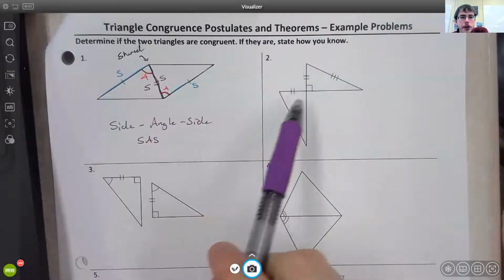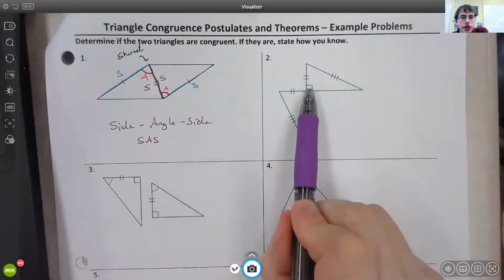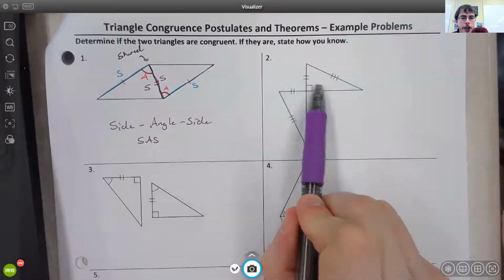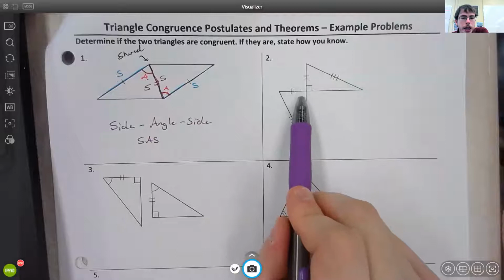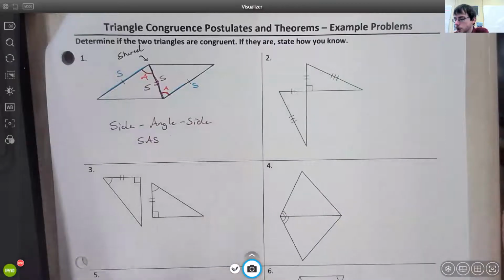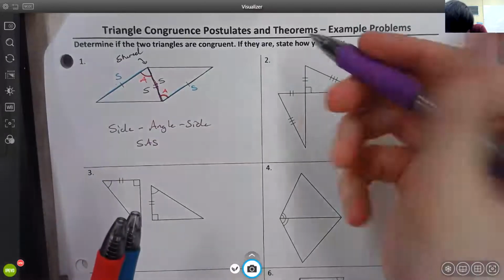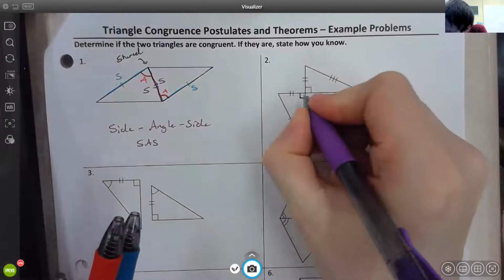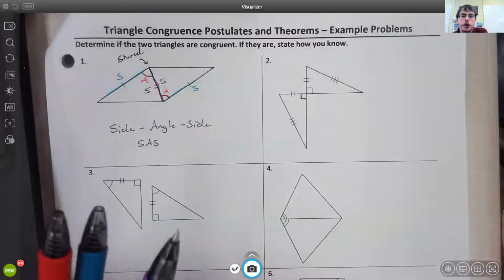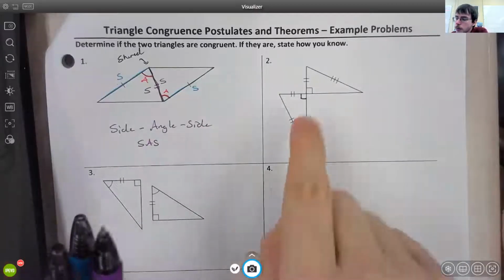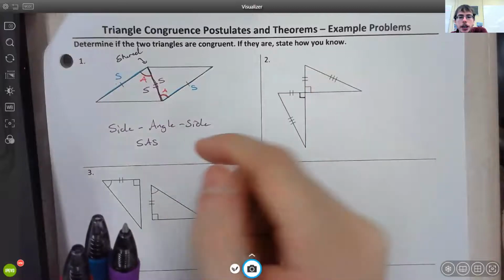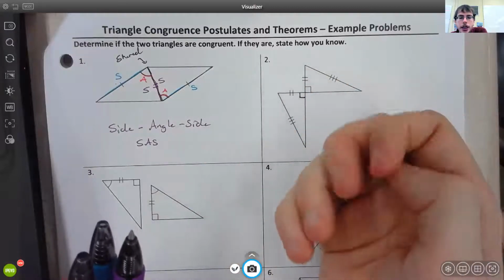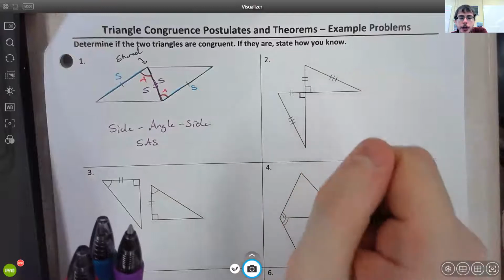All right, let's look at number 2. The first thing that's going to pop out to us is that we have this right angle here. So we're dealing with a right triangle. And we know this has to be a right angle as well because these 2 angles are vertical. I'm going to put that in purple here. Then we're looking to see if we have a hypotenuse leg situation or a different type of situation.